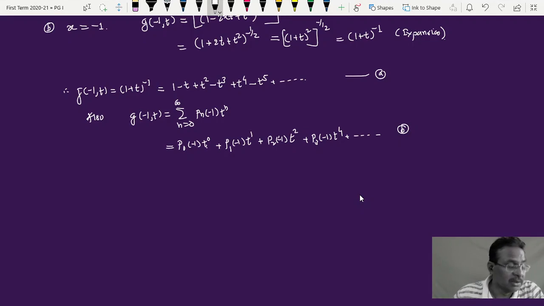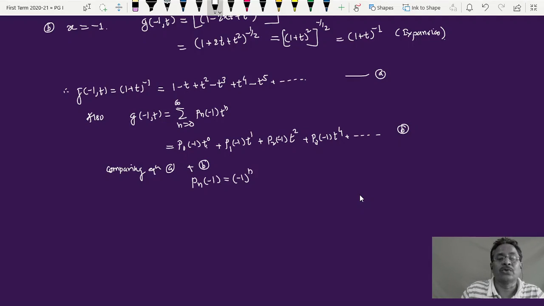So alternate plus and minus terms are there. Therefore, comparing equations A and B, you will get Pn of minus 1 is equal to minus 1 raised to n. If n is even, then it is plus. If n is odd, then it is minus, and that is the proof.